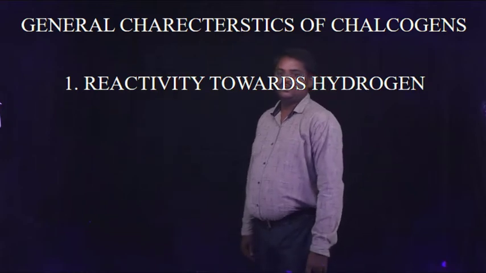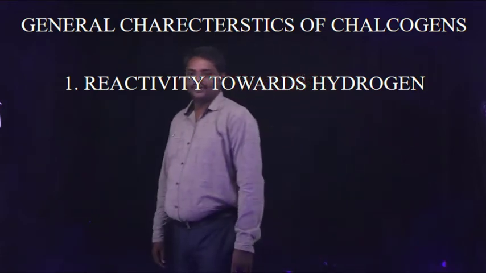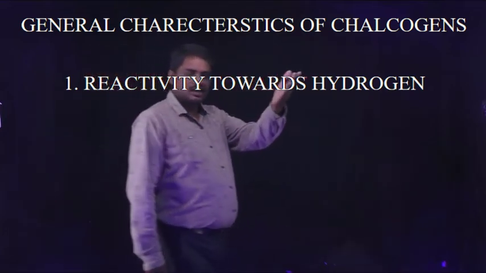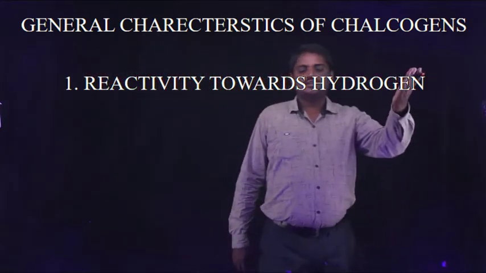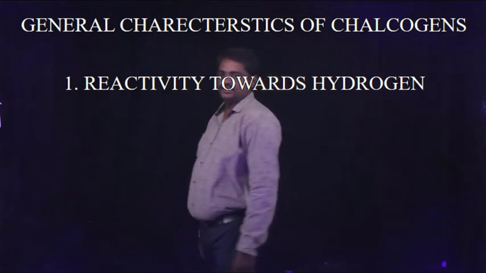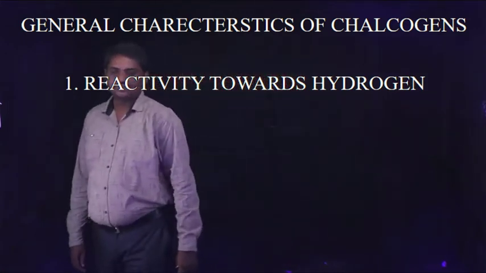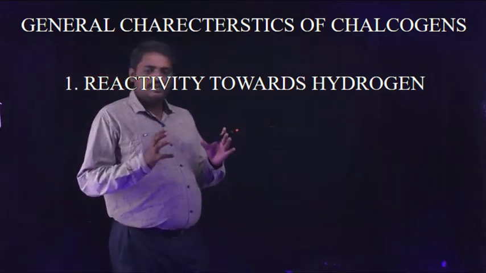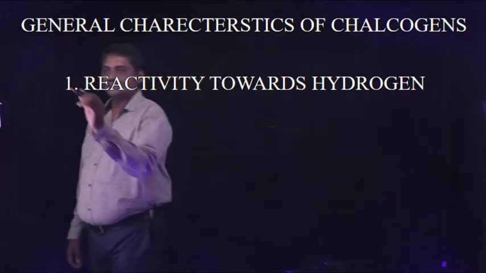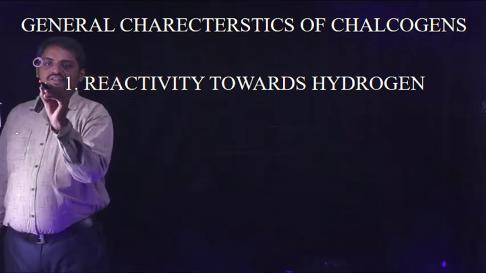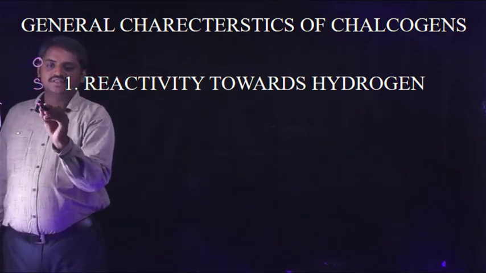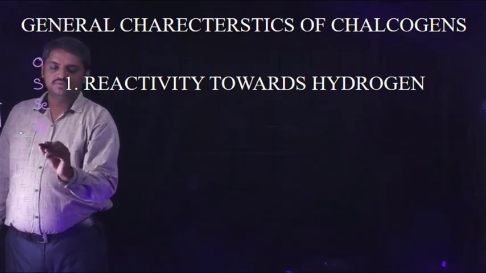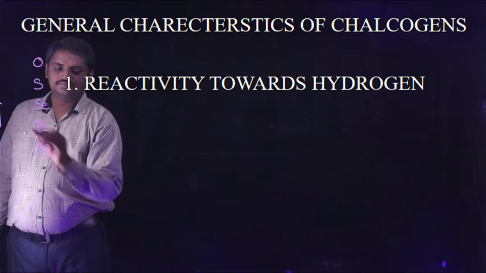Today we are going to learn about reactivity towards hydrogen for 16th group elements or chalcogens. First, 16th group elements are oxygen, sulfur, selenium, tellurium and polonium.